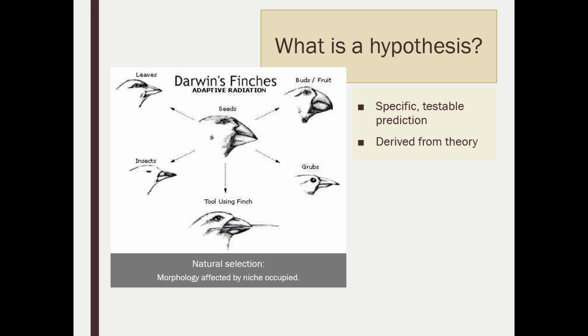Apparently, the original normal style for finch is to have a beak that's designed for eating seeds. But on the island, he saw finches that were eating buds or fruit, and they had different looking beaks compared to their progenitors, right? The ones that ate leaves had different beaks, or grubs, and tool users had different beaks than the ones who ate insects. And so you see these different kinds of beaks on what had started out all one species of bird.